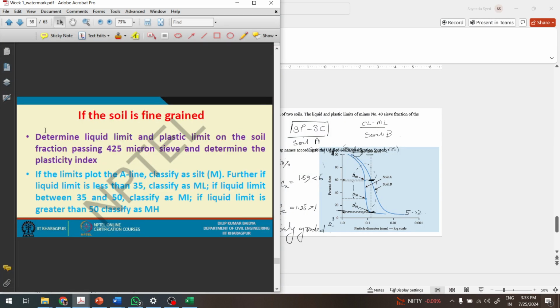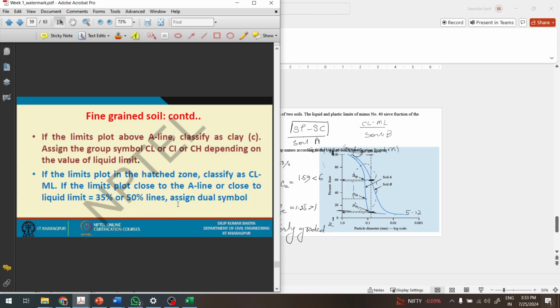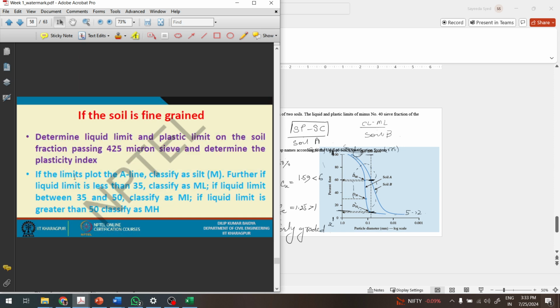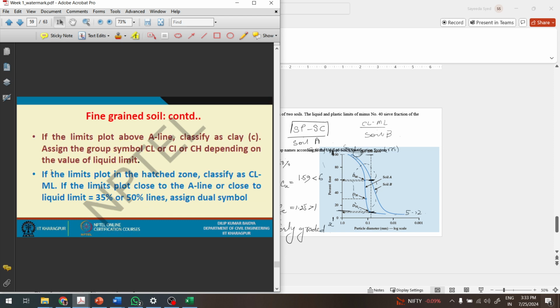If the soil is fine grained, determine the liquid limit and plastic limit of the fraction, and we check the plot. If the liquid limit is greater than 50, classify MH, that is fine. If the plot is in the hatched zone, which is the case, classify as CL-ML.